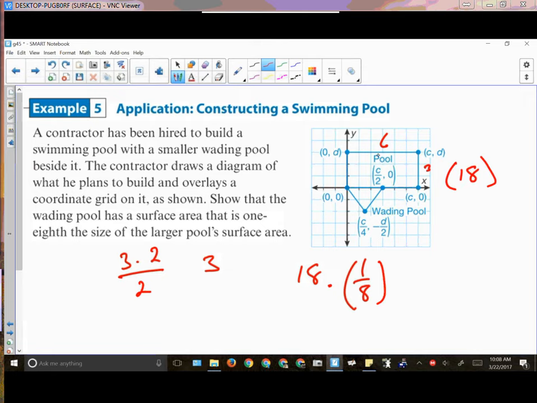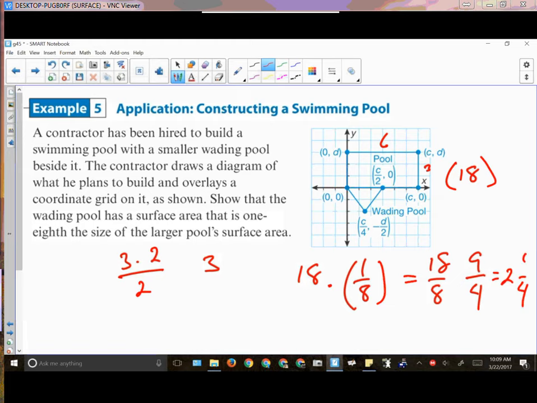Because that was 1, 2, 3, 4, 5, 6. This is 1, 2, 3. I end up with 18/8, which would work out to be 9 over 4. And what's 9 over 4 equal to? Well, that would end up being equal to 2 and 1/4.